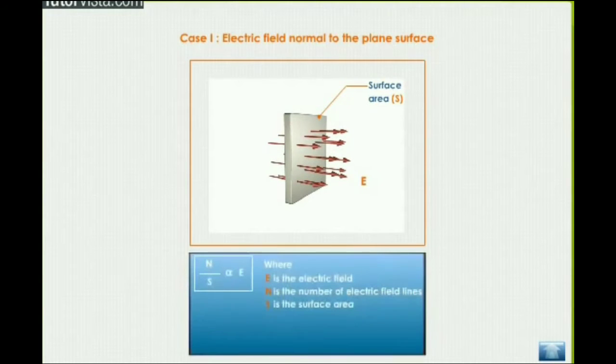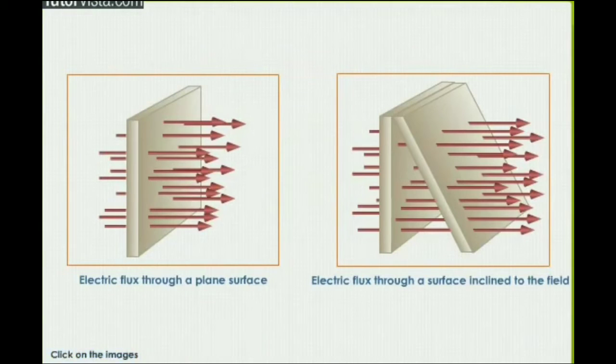So the number of field lines per unit surface area is directly proportional to E. So N is directly proportional to ES, where E is the electric field, N is the number of electric field lines in the surface area. Then electric flux, denoted phi, is equal to ES, the product of electric field and surface area.